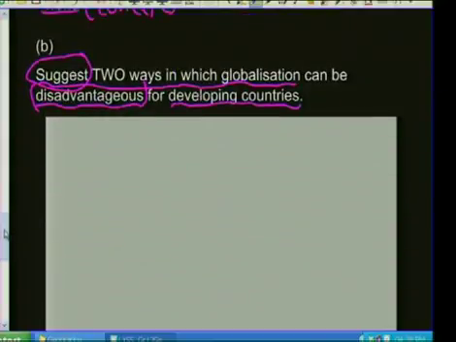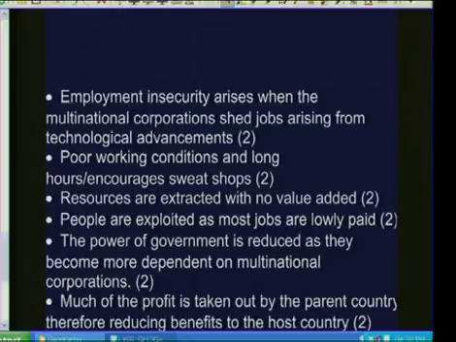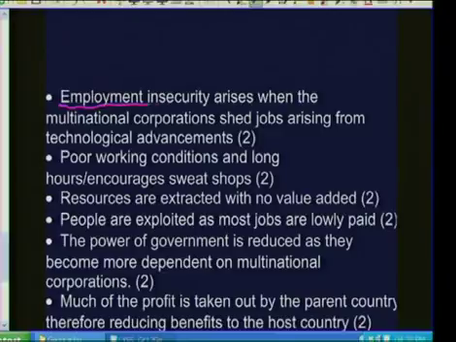Okay, I'm going to look at the memo here very quickly. There's many. Employment insecurity happens here. Let me get my pen working again. Employment insecurity arises when multinational corporations shed jobs arising from technological advancements.